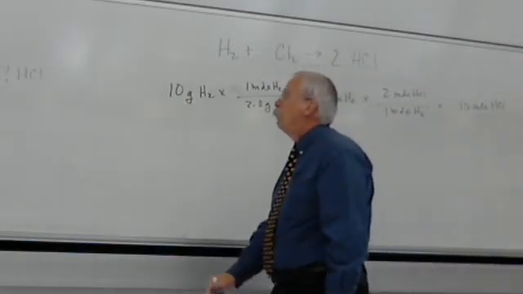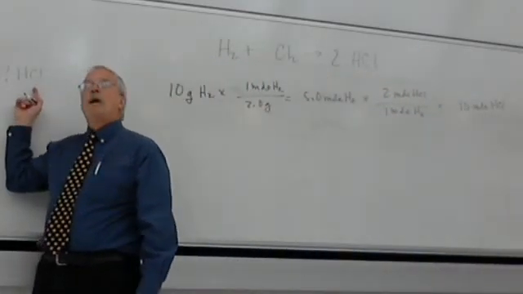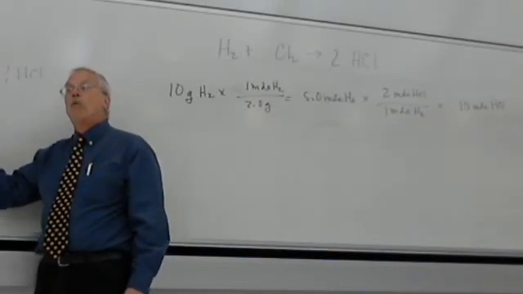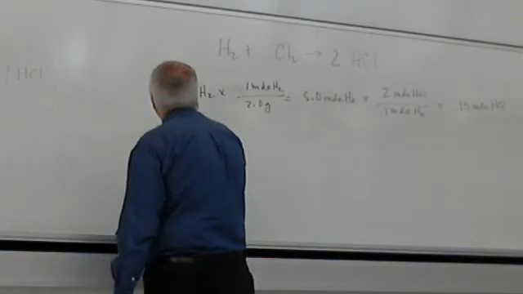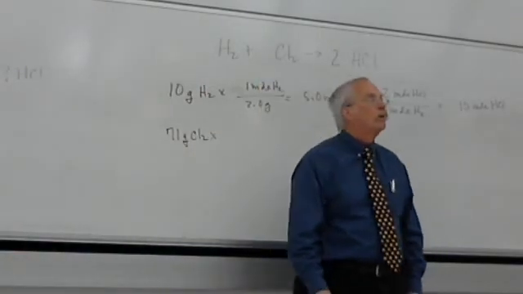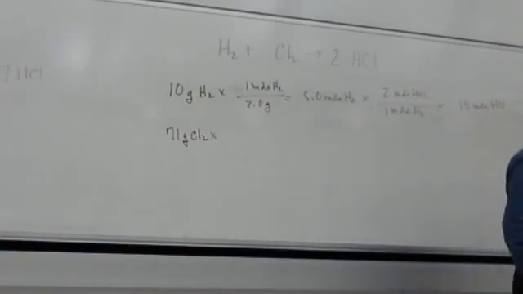What's the second step? How much HCl can I make from 71 grams of chlorine? So I start with 71 grams of chlorine. What's my first step going to be? Convert it to moles. Golden rule. How do I do that?